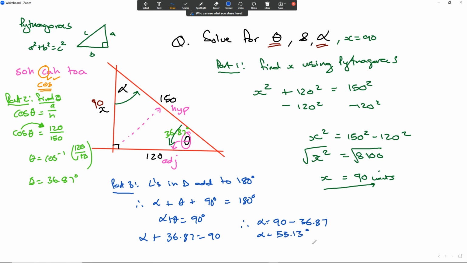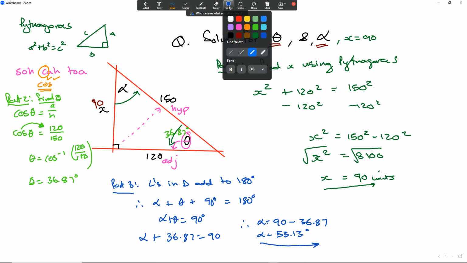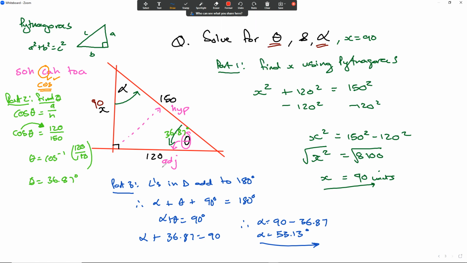53.13 degrees, and that's going to be alpha. All right, angles in a triangle. That's method one. Method two of getting alpha, for example, if I go with method two of part three over here, I could label this as opposite because that's my opposite side and that's my hypotenuse, and use sine.